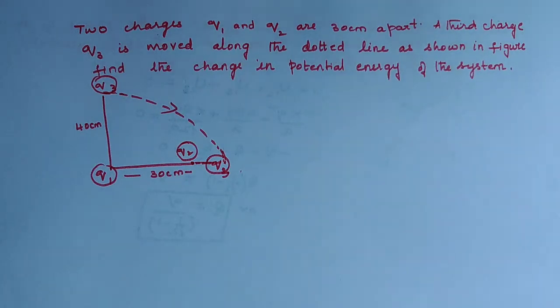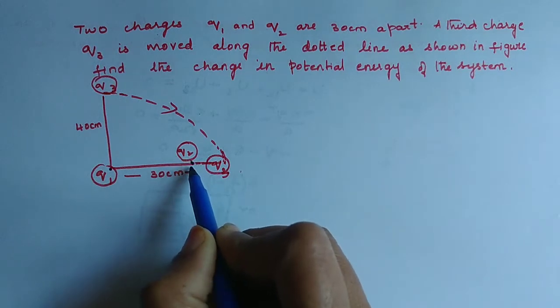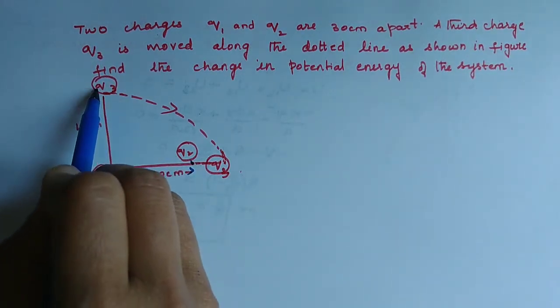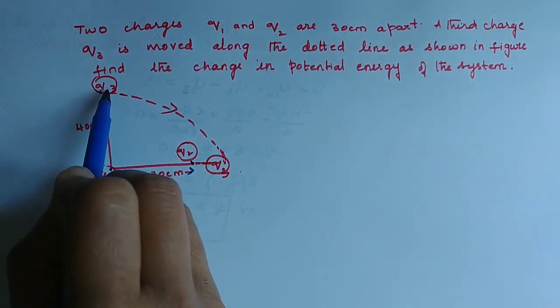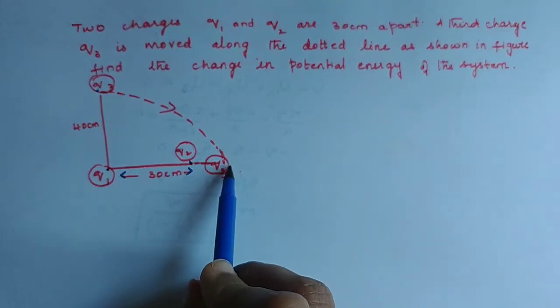Now in this question, there are two charges Q1 and Q2, separated by 30 centimeter distance, and a third charge Q3, which is 40 centimeter from Q1 initially, is brought along this curve and placed along the same straight line.